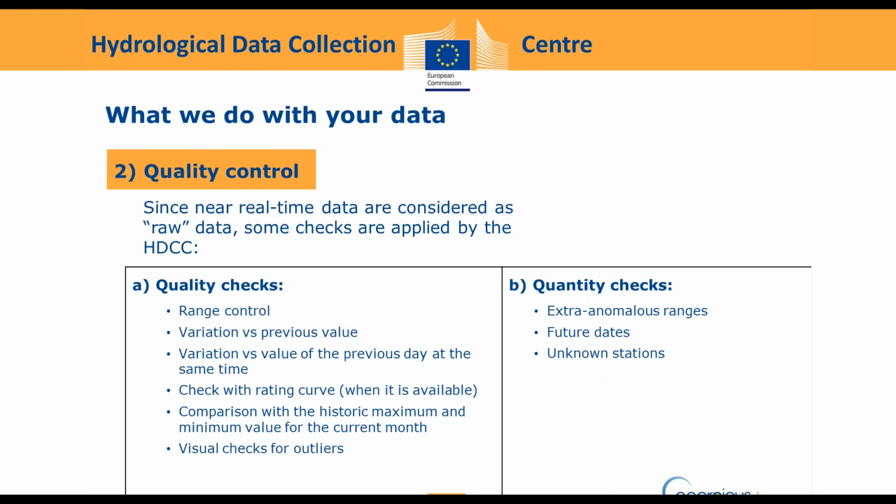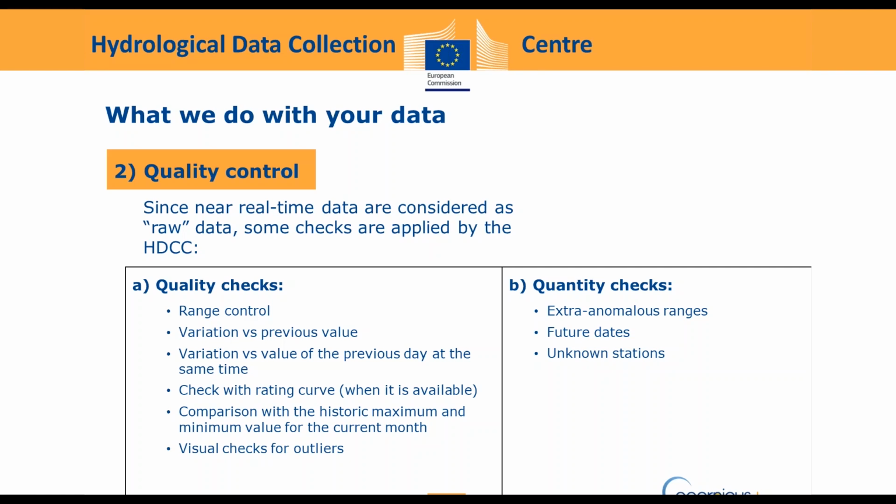The quantity ones are used to discover extra anomalous ranges, empty days, for instance, and unknown station. And the quality ones that are applied once the data are uploaded to our database are range control.